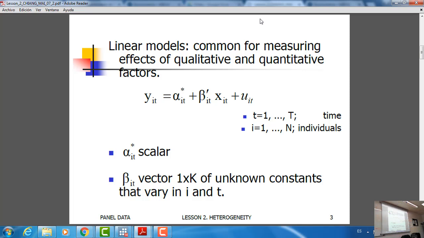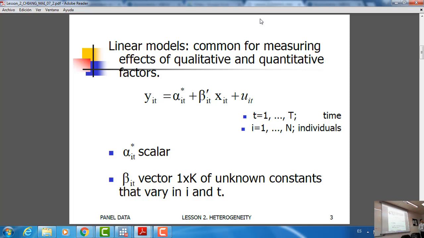How many constants do we have? N times T constants. And that's why I was saying, too many or too few? Too many. Because if we have one constant for each individual and country, we have already explained everything.